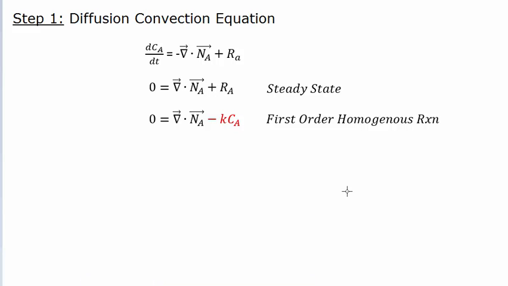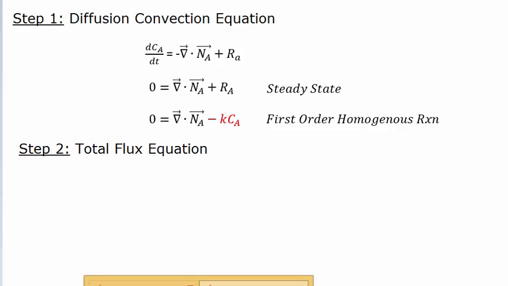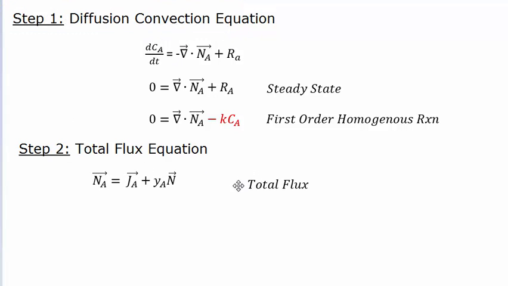Let's go on to step 2 of our algorithm. Now we want to write the total flux equation. Our total flux is going to be equal to the diffusive flux plus the advective flux. So this is our general expression for the total flux of a species A, and we're using the definition with the mole fraction and the total flux of all species.